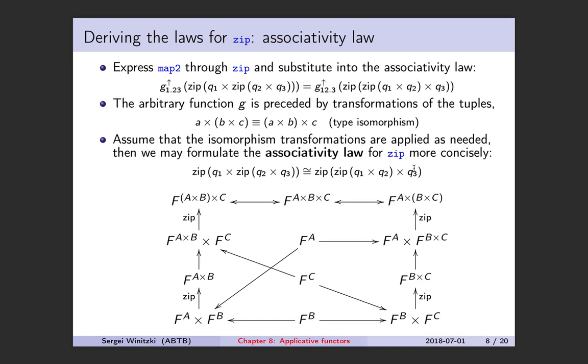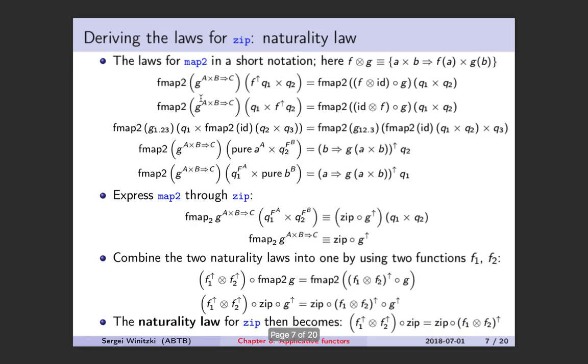Let's look at the associativity law. It's more complex. But if we do this substitution, so we take the law as written here, and we just substitute Fmap g as zip followed by lifted g everywhere.